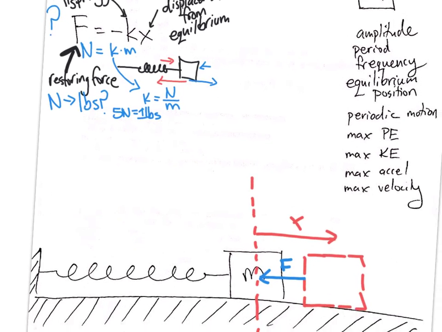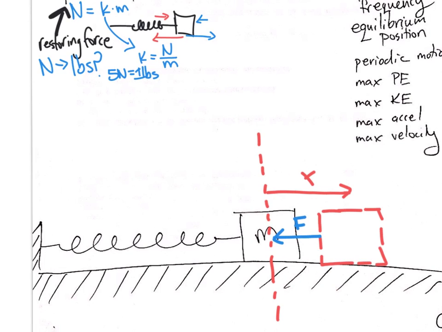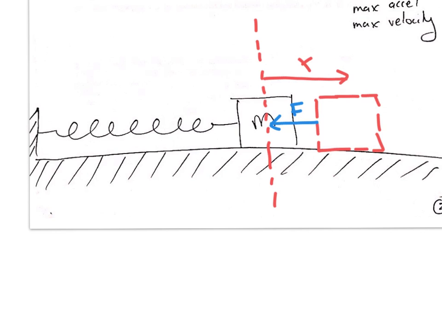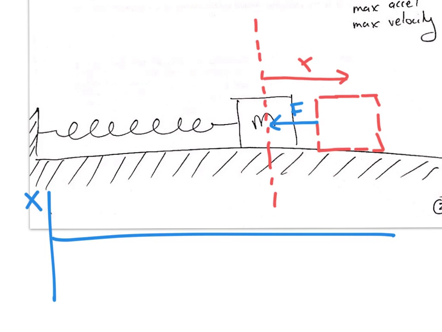And if we let it go, imagine there's no friction going on here, it's going to go boing, boing, boing, back and forth. And if we were to look at position as a function of time, so let's look at position as time goes on.